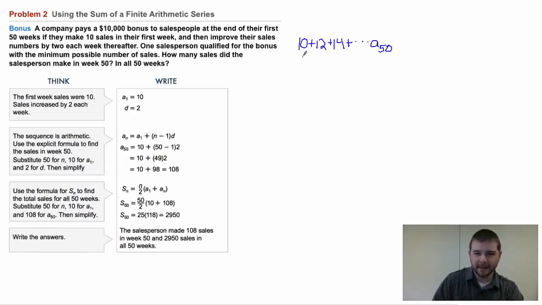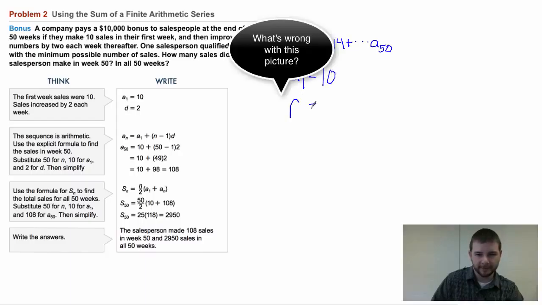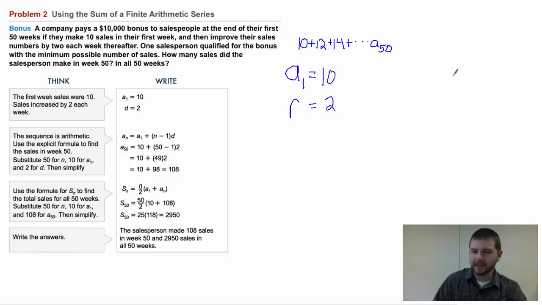We can recognize this arithmetic series, and we recognize right away that we have an A sub 1 equal to 10, and a common ratio of 2.